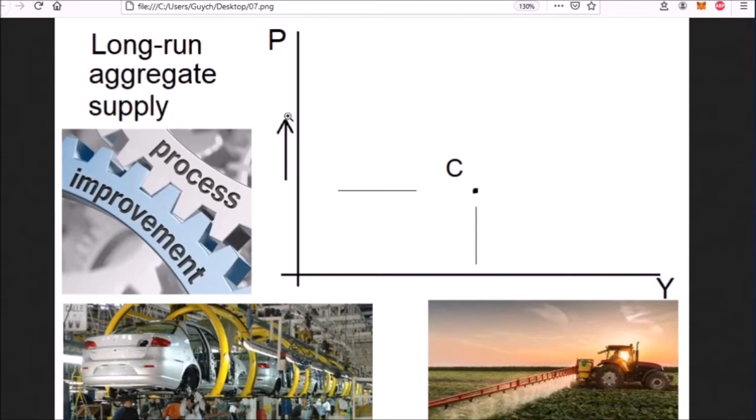Prices are rising. What will be the response of manufacturers and agricultural producers in the country? This point C is clearly going to move upwards because the prices are rising. But is it also at the same time going to move to the left or to the right side of the chart? That is the main question here.